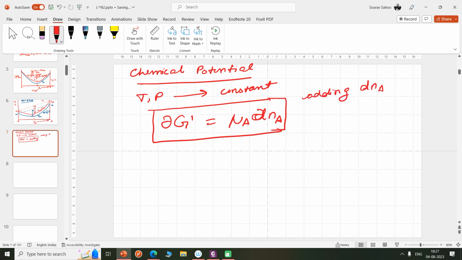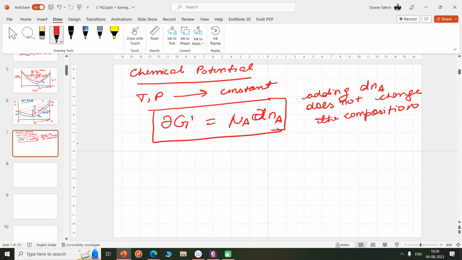And adding dNA, the very incremental amount of A in the system, does not change the composition. So this is another assumption that we take, because if composition changes, the mu A also changes. Mu A is highly composition dependent, so if there is a significant variation in the composition, the chemical potential also changes.